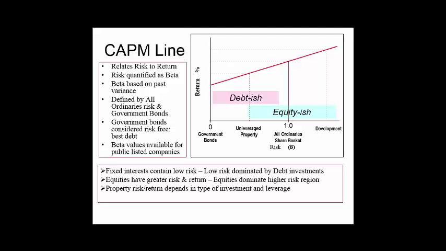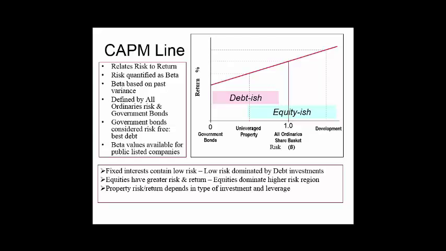Many of you will be familiar with the CAPM line from introductory finance courses. However, here we want to take the CAPM theory and apply it further to property and debt investments, and looking at what it tells us about investment strategies.